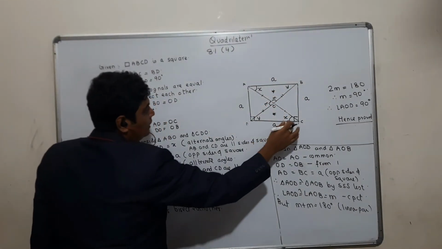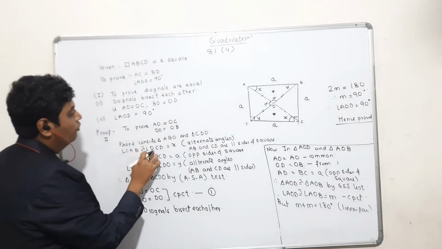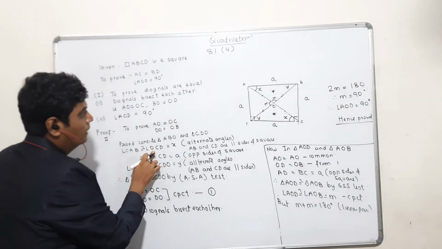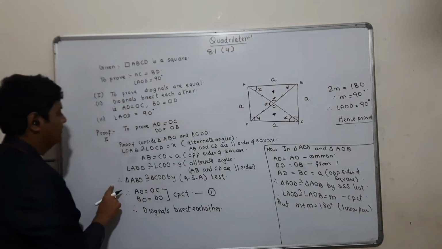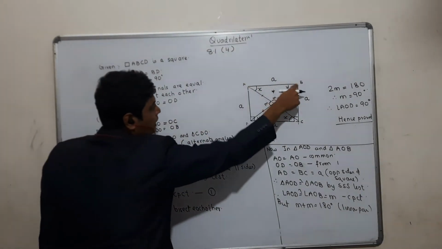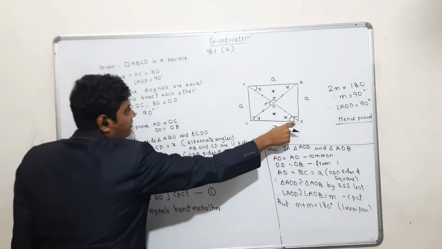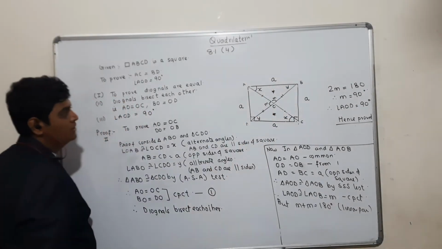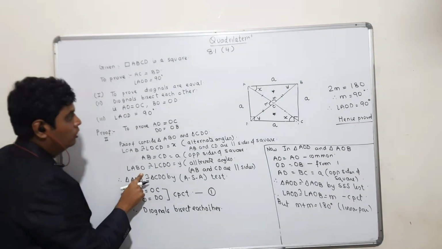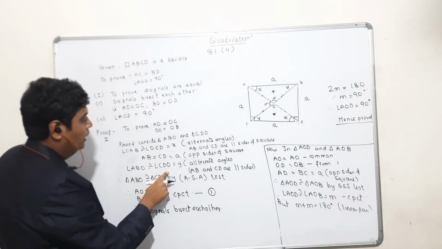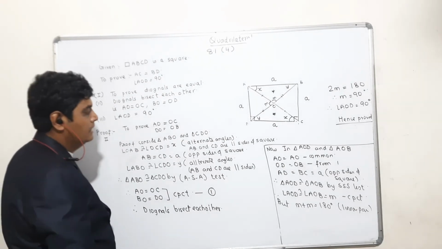So you will consider triangle ABO and triangle CDO. We know angle AOB is congruent to angle COD. This angle X is equal to this angle X. Angle OAB is equal to angle OCD, which is equal to X. You have CD is equal to AB, opposite sides of a square, and you have angle ABO is equal to angle CDO is equal to Y. They are alternate angles because AB and CD are parallel sides.